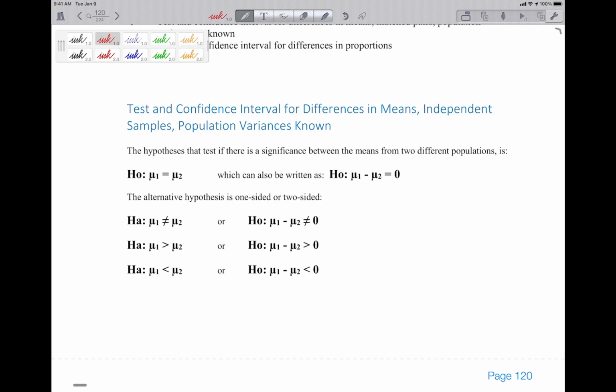And so in this particular case then, the generic case, is that the 2 means from 2 different populations are equal. So the mean from population 1 is equal to the mean from population 2. And then we'll go and we'll take a sample from each one. This can actually be rewritten this way, that the difference between the two means is equal to 0. That's going to be important.